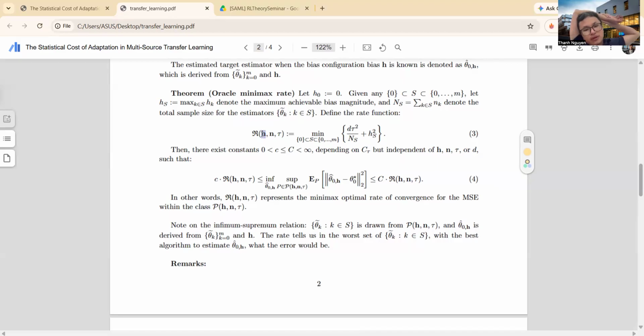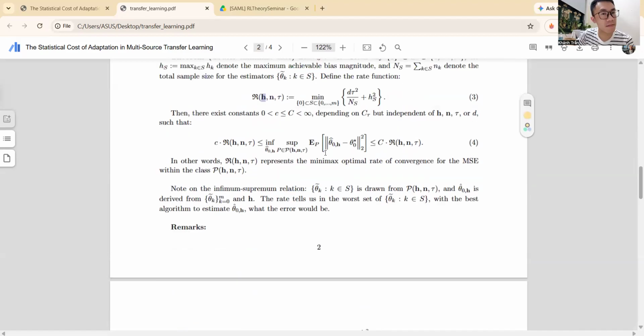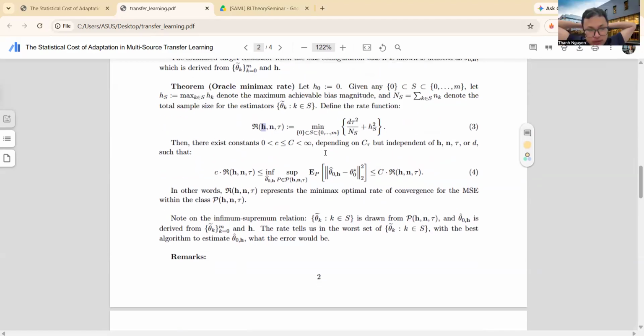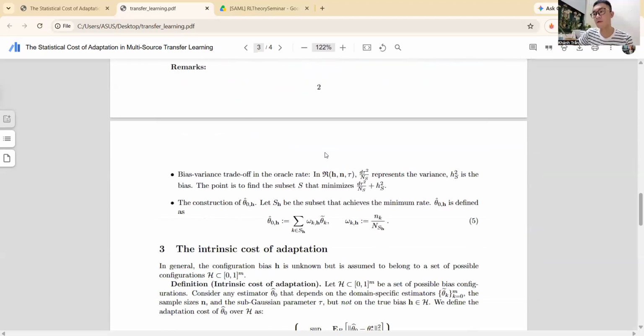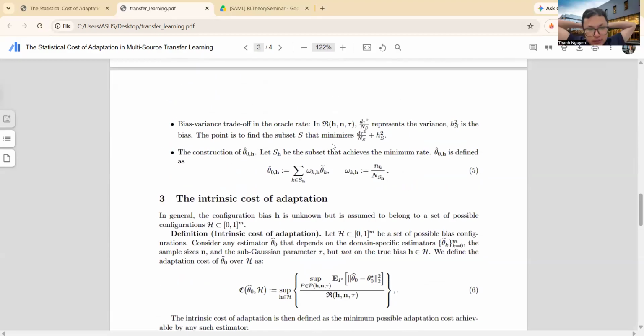So if you know H, you can compute the subset minimizer S. Can you go to the construction again? Yes, here. Basically S_H is the subset achieving the minimum rate.